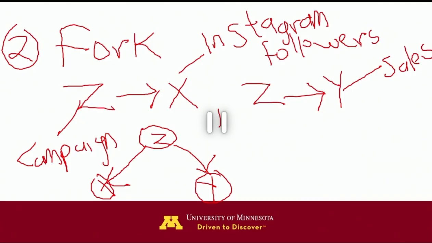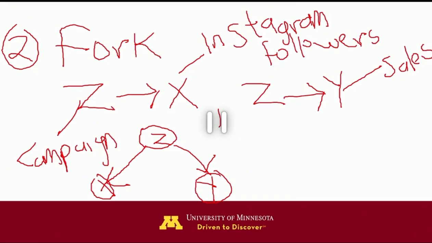If I have information about the marketing campaign, then I do not expect Instagram followers to give me extra information about the reason why I make sales. Does that make sense? So this is an example of a fork, because you're going to see something like this in your network, in a Bayesian network, in the probabilistic graphical network.